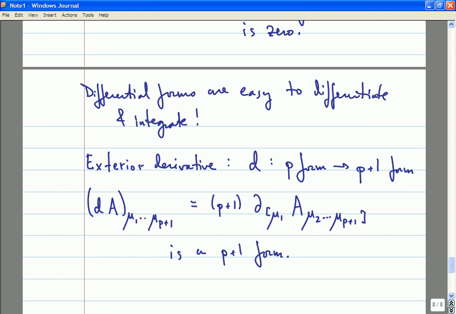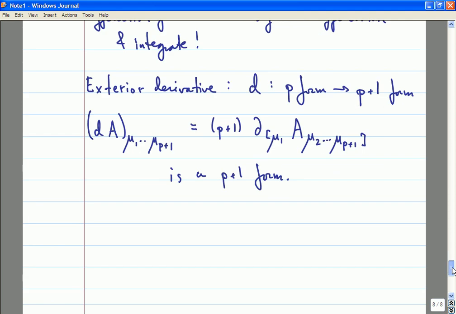So let's just see this. We only have a few minutes left. Let's just see this explicitly. So why is this true? Well, let's imagine the simplest case when A is a zero form. So if A is a scalar, we usually call it F, a scalar F. Well, what is that?